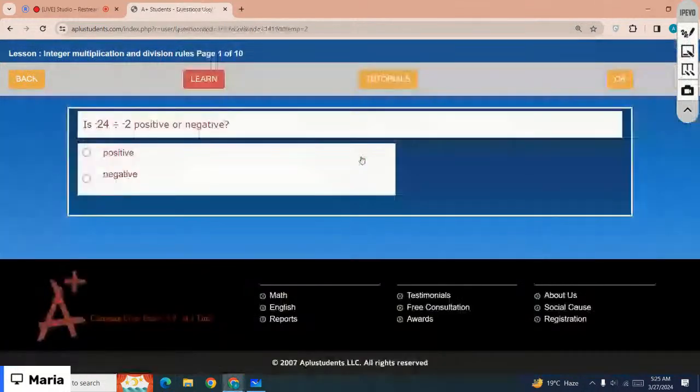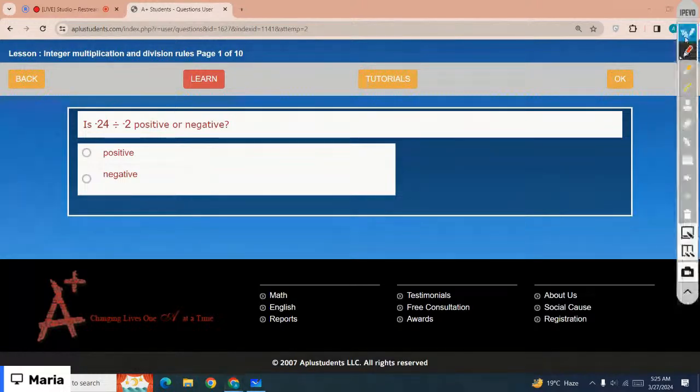Negative 24 divided by negative 2. The rules are the same. You are dividing two negative numbers, right? Both the numbers are negative, so the answer is positive, because the rule we have just learned is that if both the numbers have the same sign, the answer is positive. So negative 24 divided by negative 2 is a positive number.